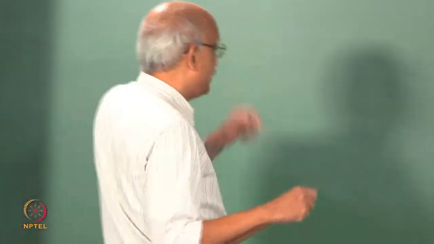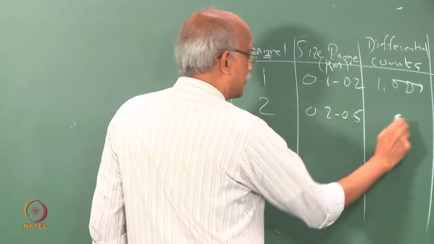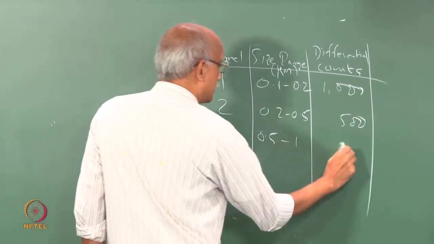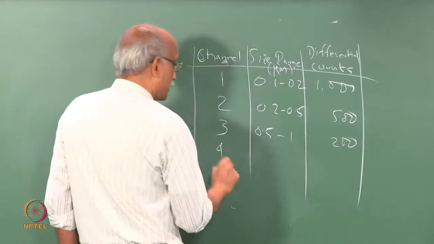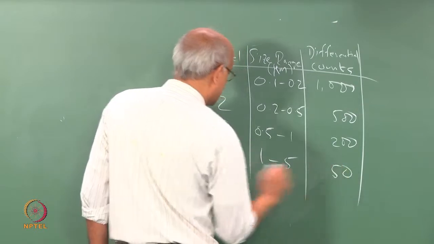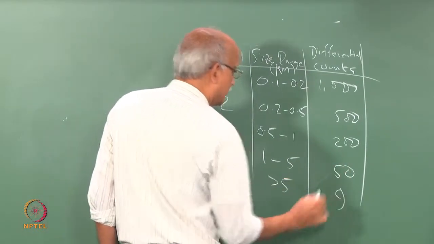So, it is the number of particles that are sized between 0.1 to 0.2 microns. And similarly, there will be a channel 2, let us say 0.2 to 0.5, maybe 500 particles, channel 3 maybe 0.5 to 1, maybe 200 particles, 1 to 5, maybe 50 particles, and 5 which may be greater than 5, and there may be 0 particles.